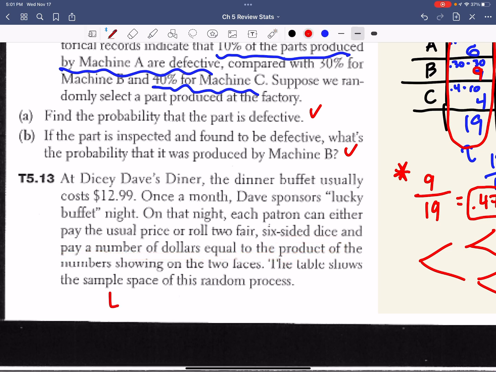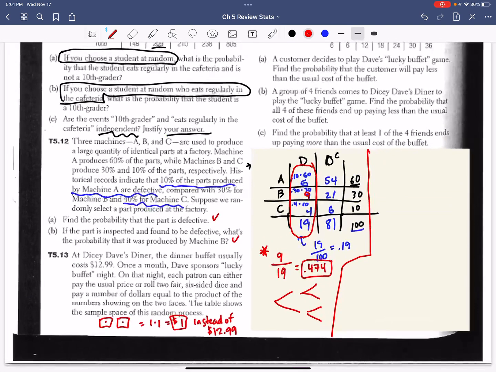Okay, so if I roll a 1 and a 1, then 1 times 1 is 1, and I only paid $1 instead of paying the $12.99 that I would normally pay if I came on a night where they didn't have the deal.